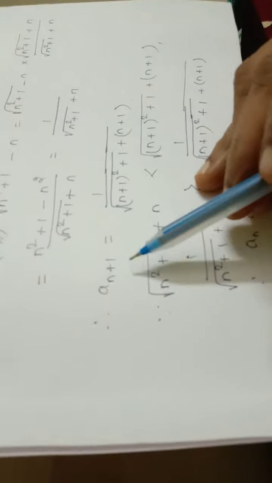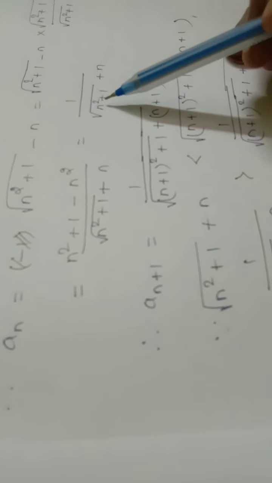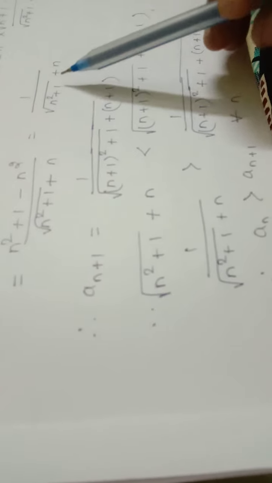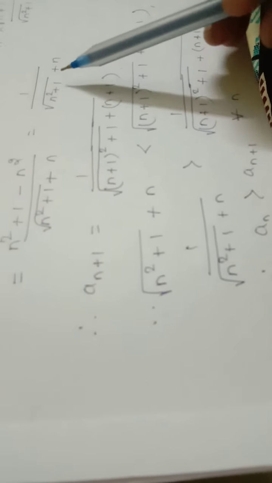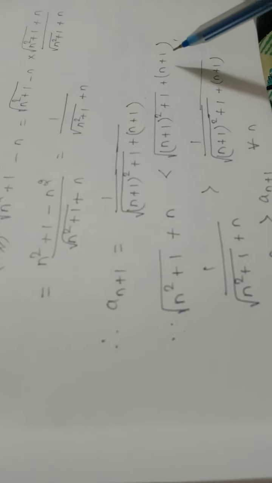Next, from this we can write our an plus 1: in an we replace n by n plus 1, then we get our an plus 1 term like this. Now we compare the terms root of n squared plus 1 plus n, and root of n plus 1 the whole squared plus 1 plus n plus 1.